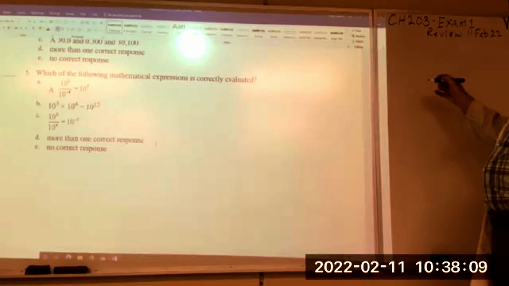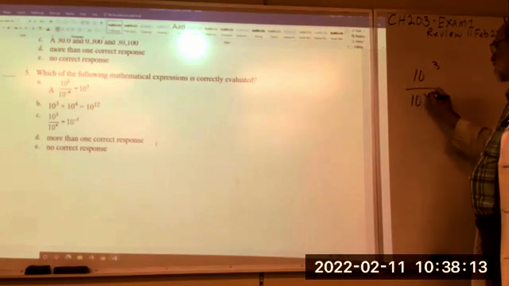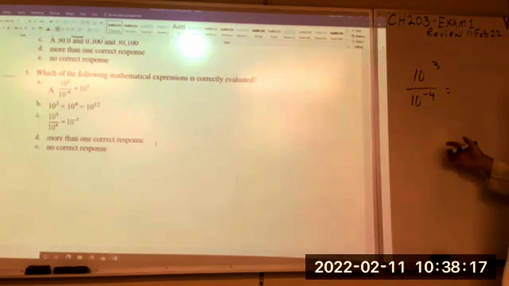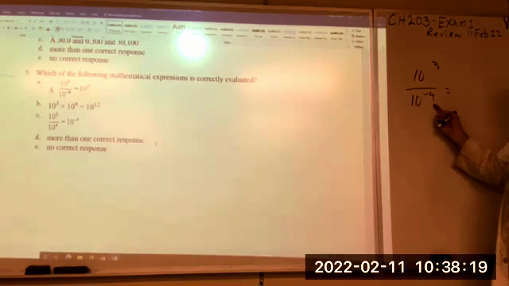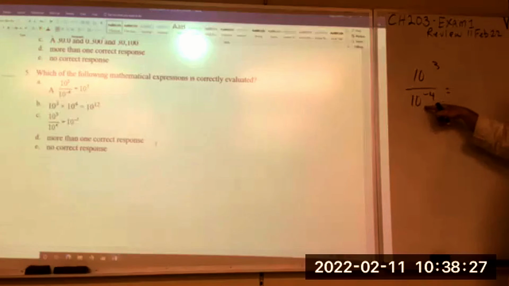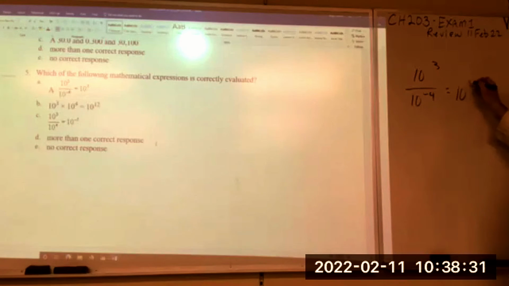So if you have an expression like this, 10 to the third divided by 10 to the minus fourth, what does that resolve to? In the denominator, this is negative. But if you bring it to the numerator, it becomes positive. And then when you multiply 10 to the fourth times 10 to the third, your answer is 10 to the seventh.